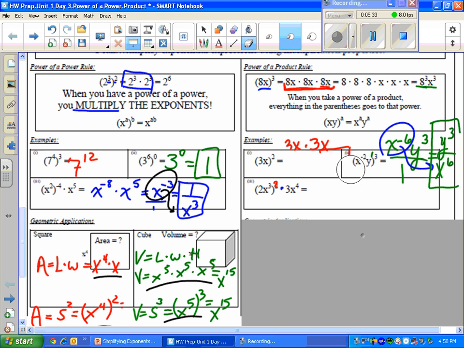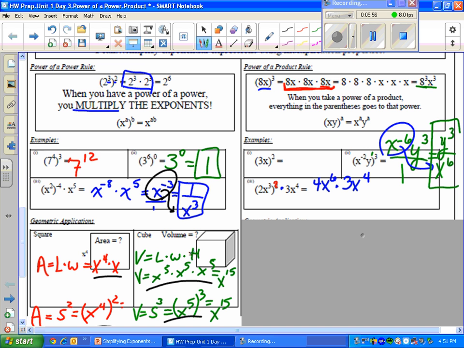So that says that everything inside that parentheses will be squared. So 2x to the third times 2x to the third. Okay, so 2 squared would be 4. x to the third squared, that's 3 times 2, that would be x to the 6th. Then I'll do my multiplication by the 3x to the 4th.